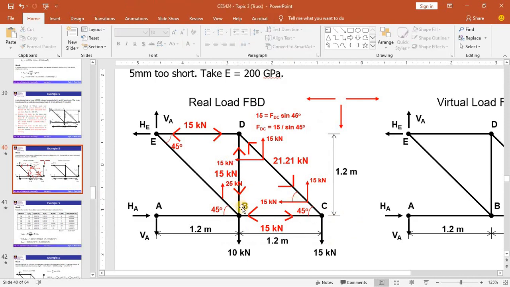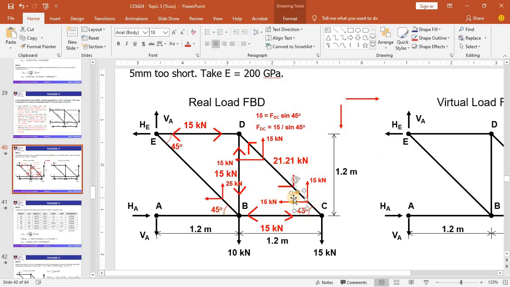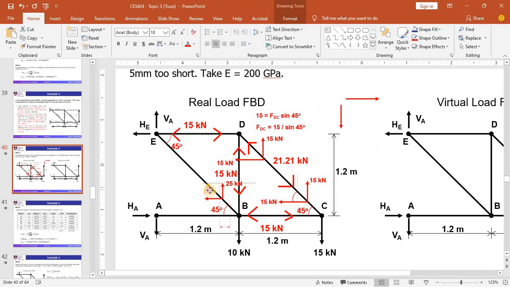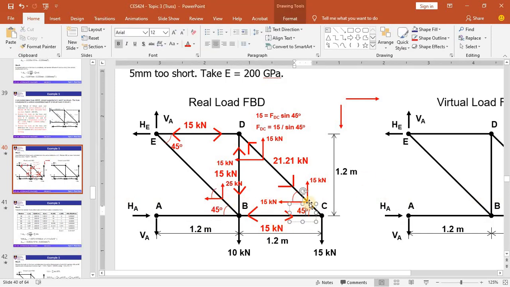Okay, by that you can indicate the horizontal component for this member. The angle is 45 degrees as well. So in order to calculate the internal force for member EB, you need to do the backward calculation, which is 25 over sine 45.